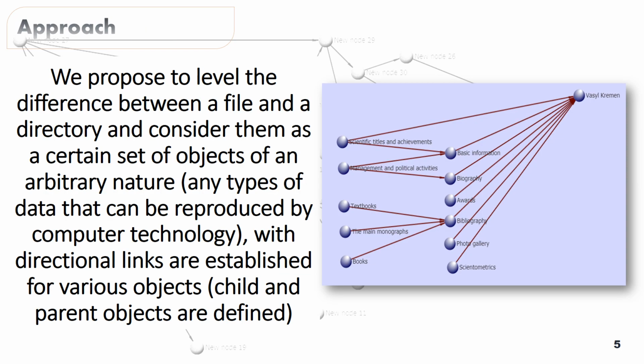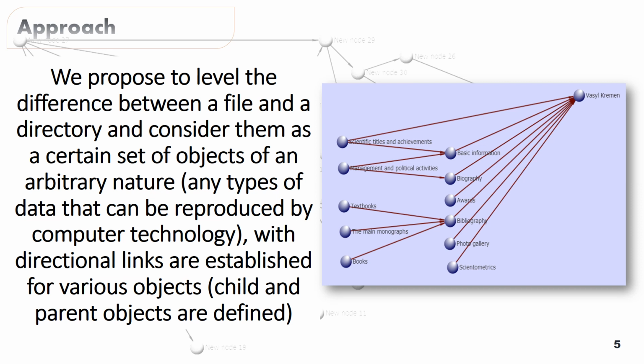We propose to level the difference between a file and a directory and consider them as a certain set of objects of an arbitrary nature, any types of data that can be reproduced by computer technology, grouped according to some attribute. We consider such a collection as a node of a directed bipartite graph.